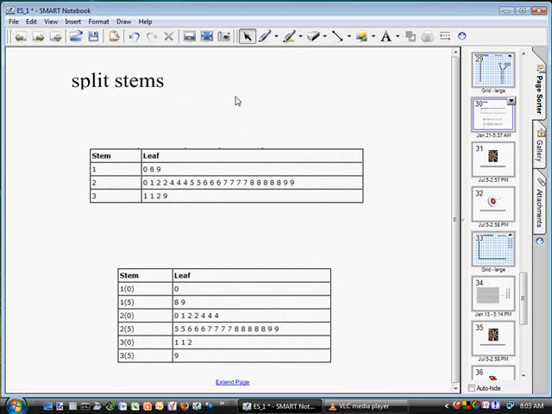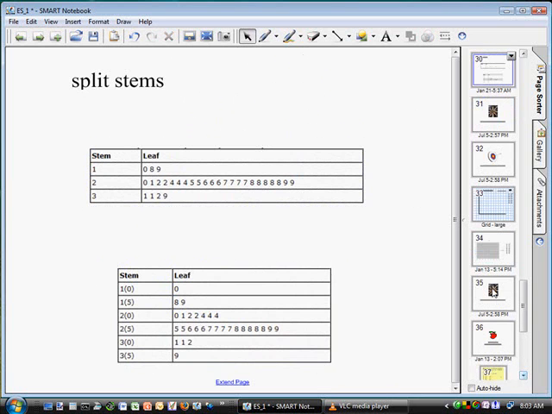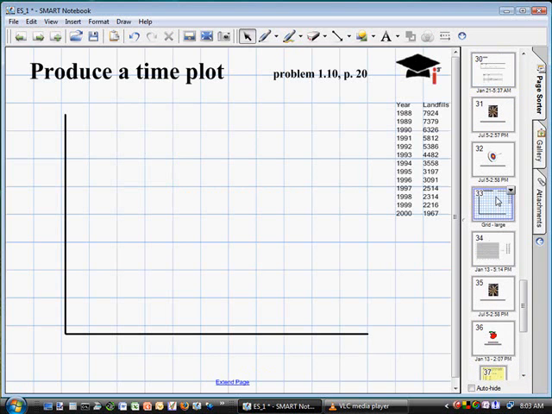Okay, the second thing I needed to talk about today is something called time plots. Actually, this is a little bit of an introduction to what's coming in Chapter 2, where we're going to spend more time on it. It's a special case of a bigger thing called a scatter plot. A time plot comes up in Chapter 1, though, so we need to talk about it.